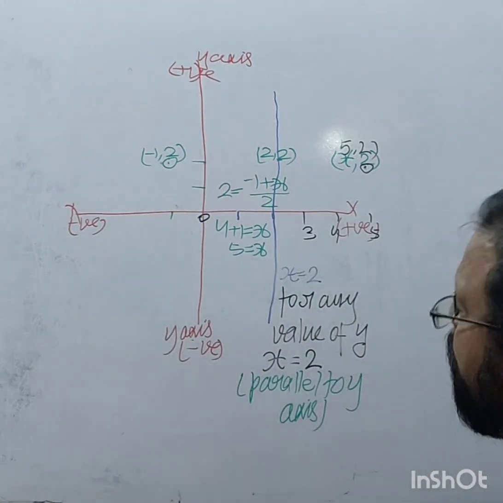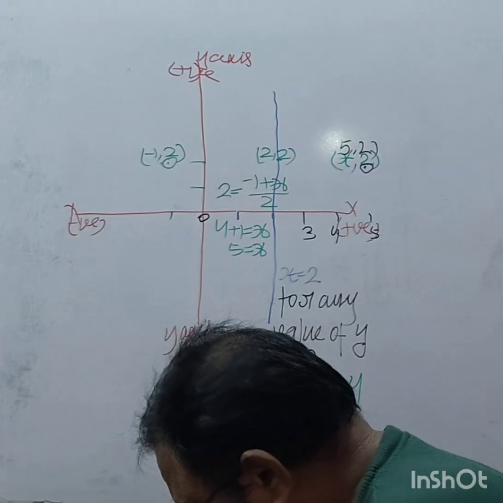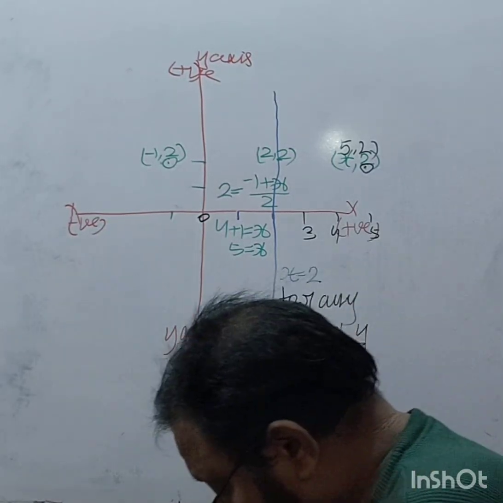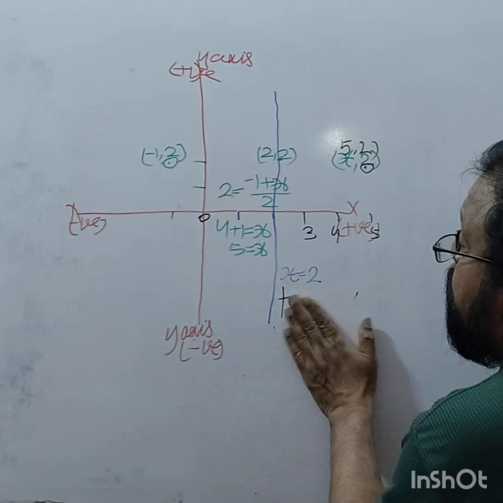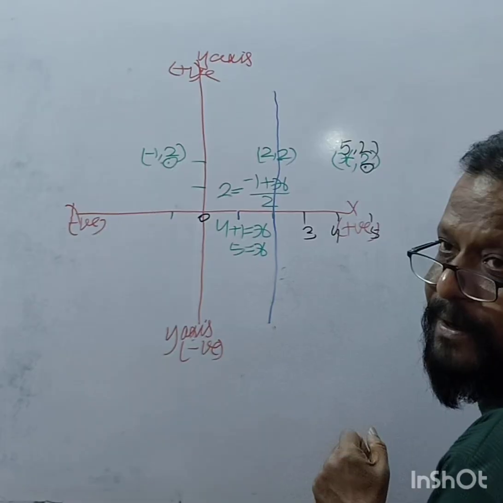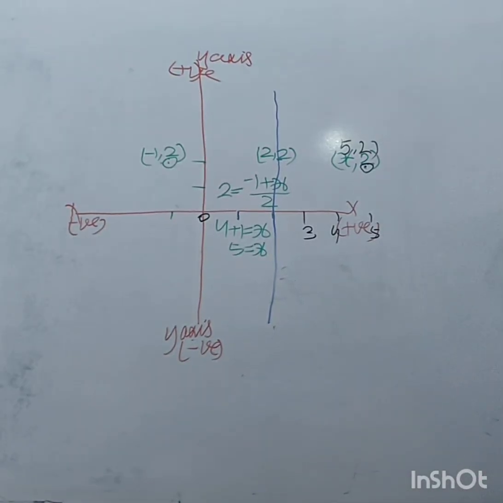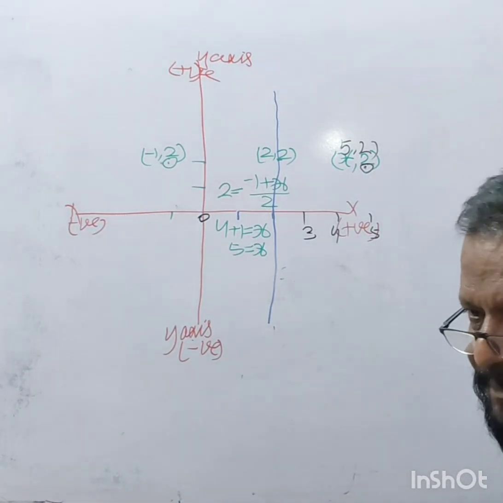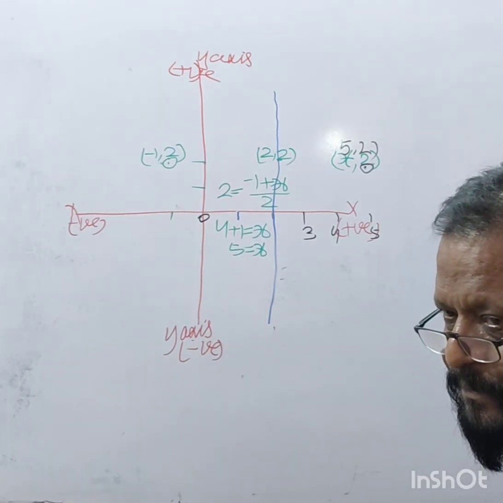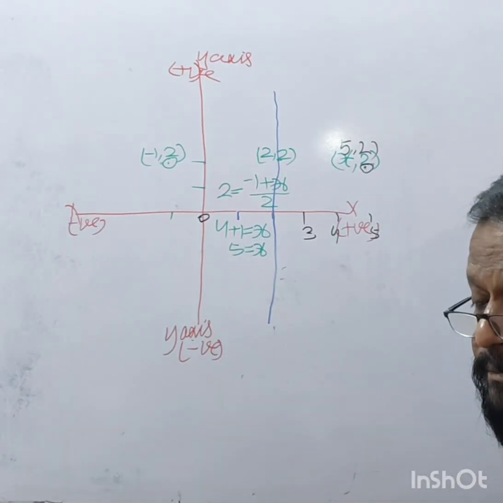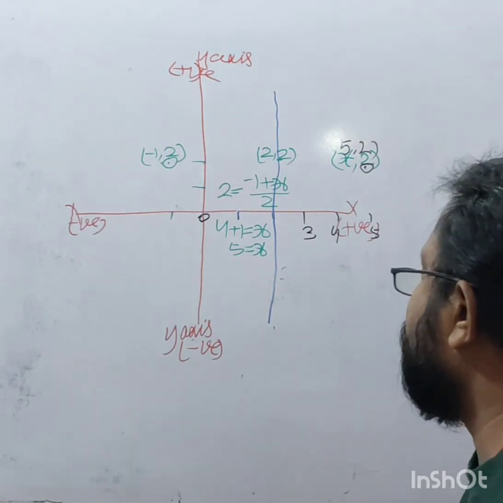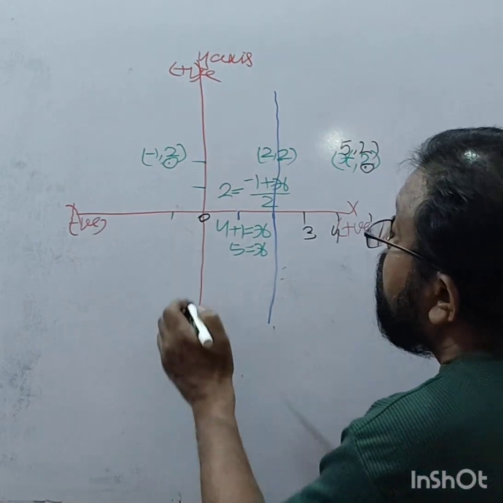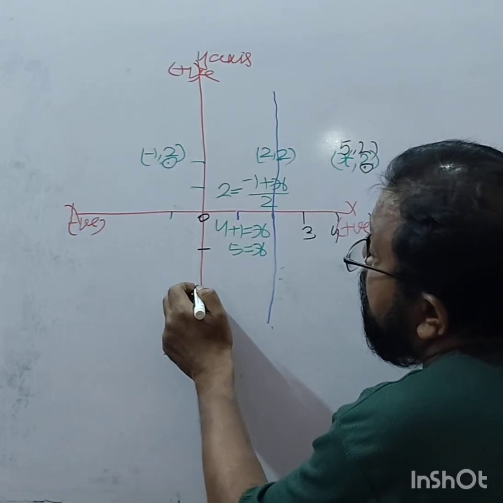Okay. If we take another line, now this is 1, 2.